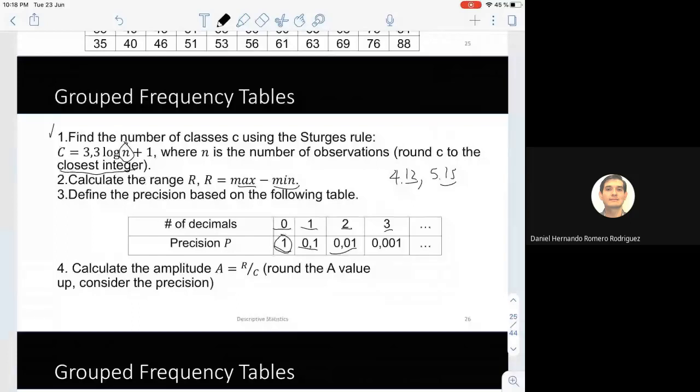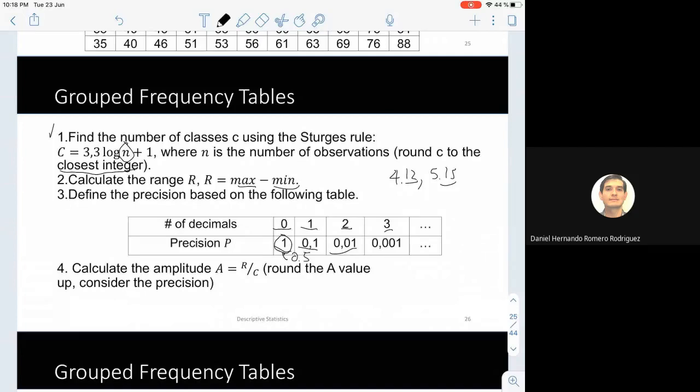If the precision is 1, when there are no decimals, then the number that we get is 0.5. So we're adding one decimal to our data. Since our original data doesn't have a decimal, then if our limits have a decimal, we don't have the problem that one observation belongs to two consecutive classes.